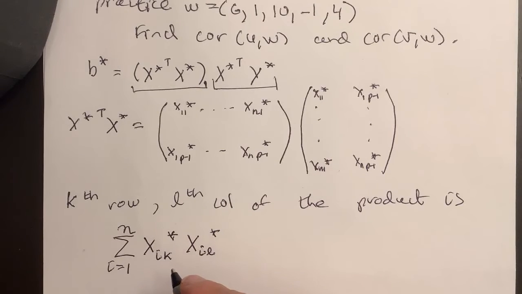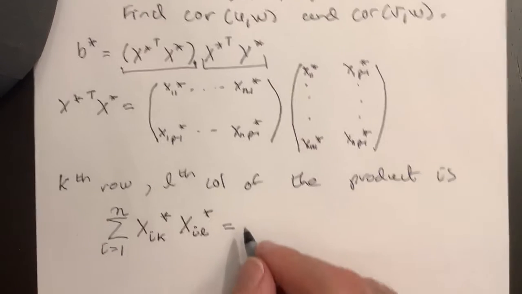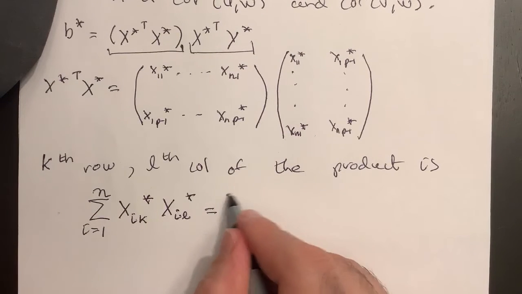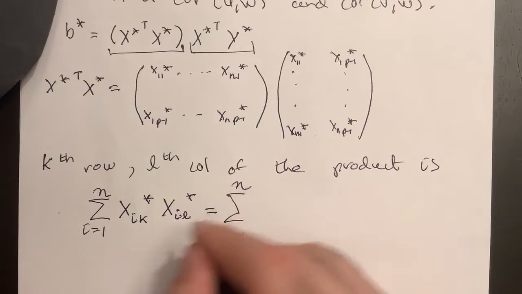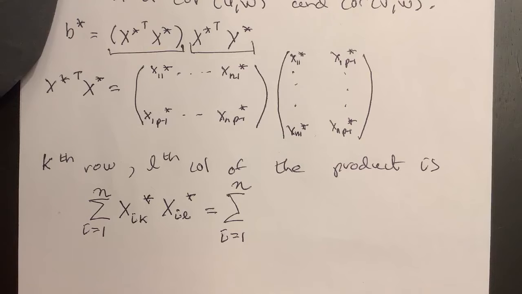And if I use the regular definitions back to the original variables, this is equal to the sum, i equals 1 to n. Think about what each of these is.